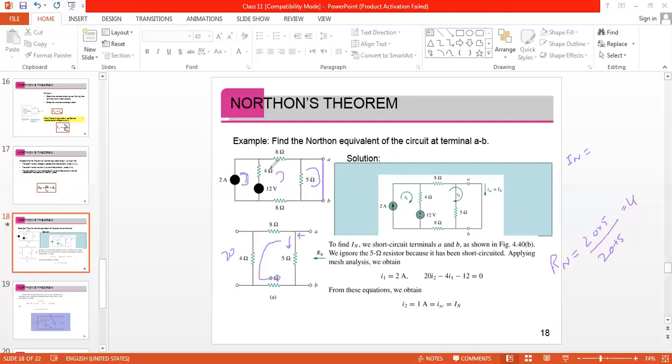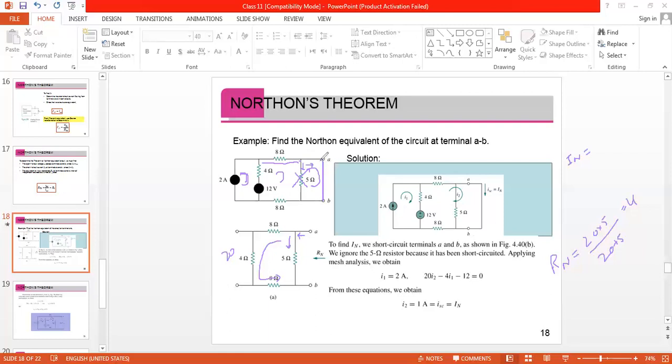If you look at this mesh, when you start from here, the current, when it reaches here, it will never go through this 5 ohm resistance, because you know that current will always follow the path with least resistance. So when the current reaches here, there are two paths for it to follow. The first one is this one, and the second one is this one.